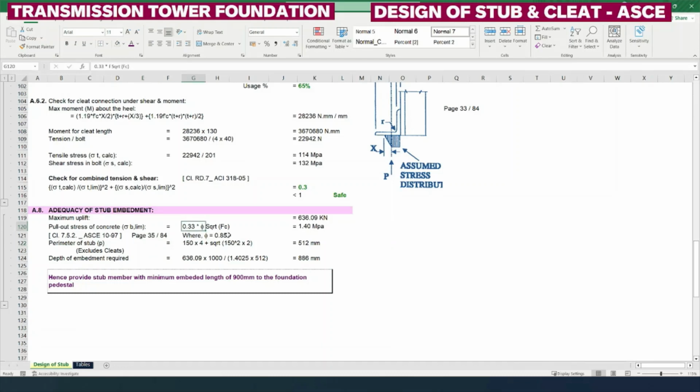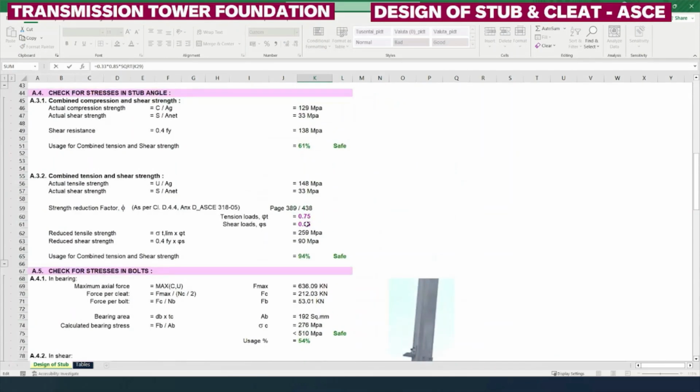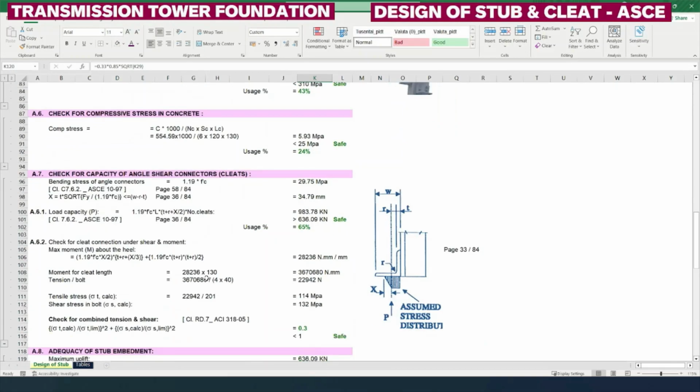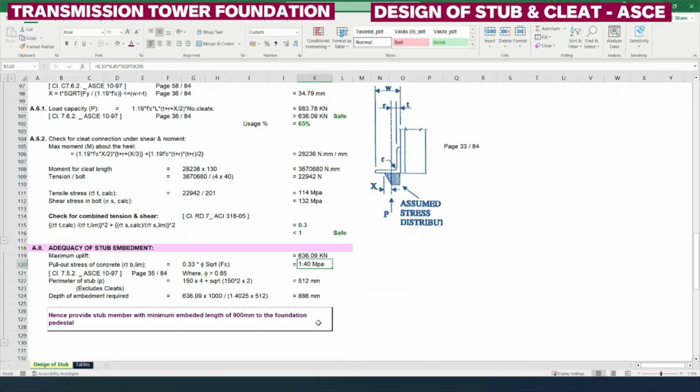This method is found more critical, and the pull out stress of concrete now is 0.33 into phi, where phi is 0.85, multiplied with the square root of 25 megapascal, the characteristic strength of concrete. We are getting 1.14 megapascal as the pull out stress of concrete.